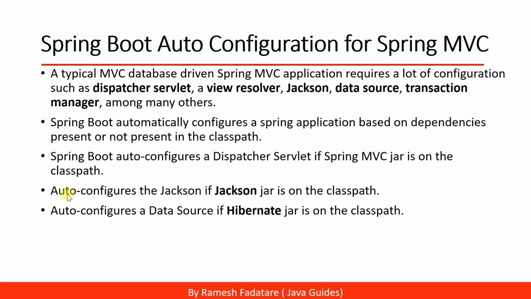Similarly, Spring Boot auto configures the Jackson bean if the Jackson jar is present. Similarly, it auto configures a data source bean if the Hibernate jars are present. So in this way, Spring Boot automatically configures all the beans based on the jar files or dependencies present on the class path.